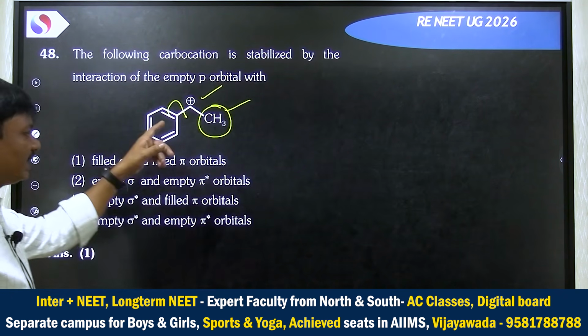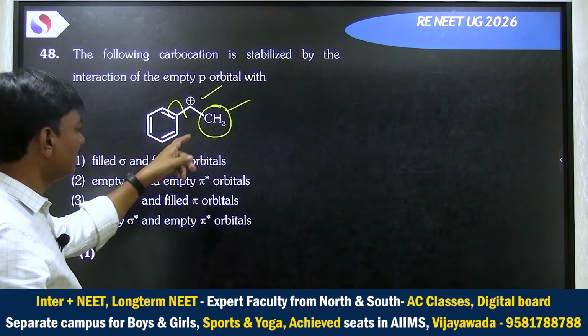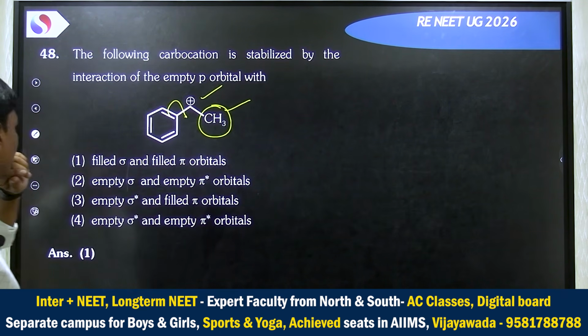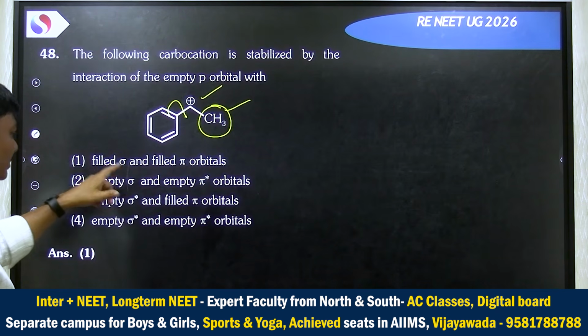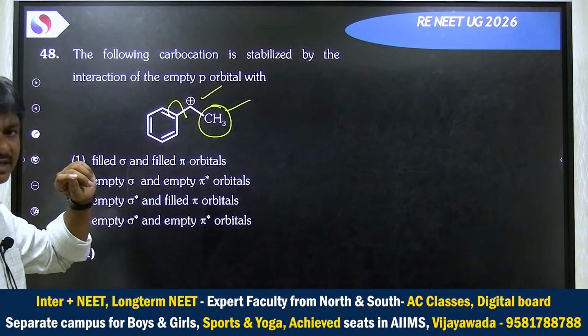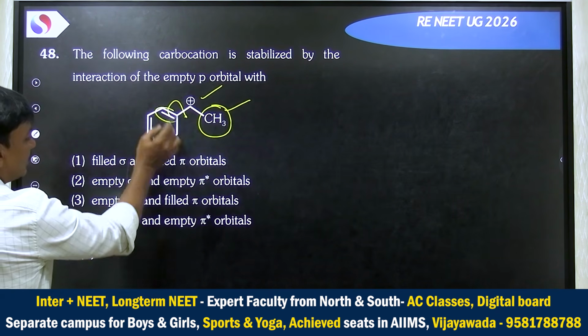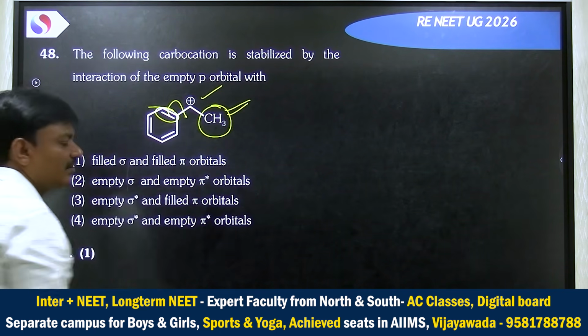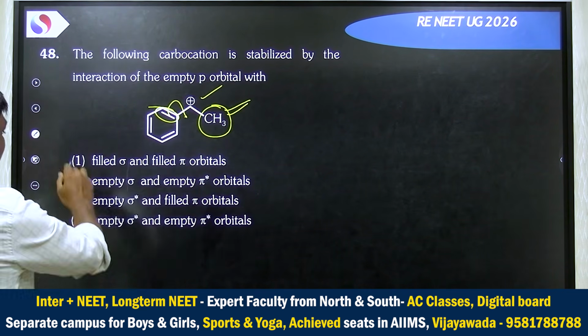So that carbocation will be stabilized by both hyperconjugated hydrogens and pi bonds. So the correct one is filled sigma and filled pi orbitals. Pi orbitals means these pi bonds. Sigma orbitals means the hyperconjugated hydrogens. So the first one is the correct option.